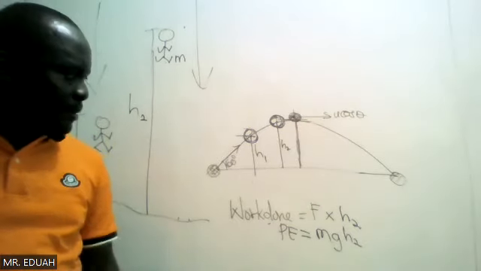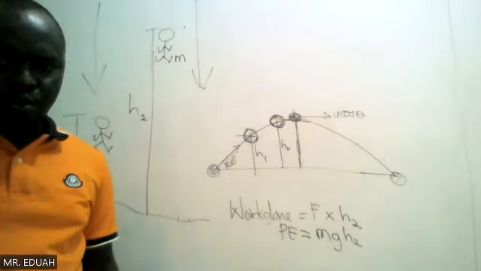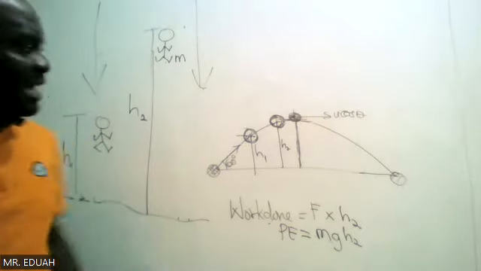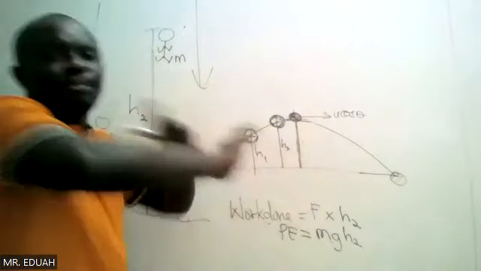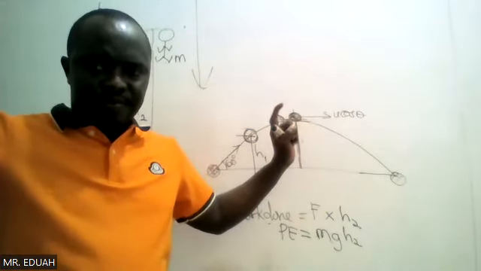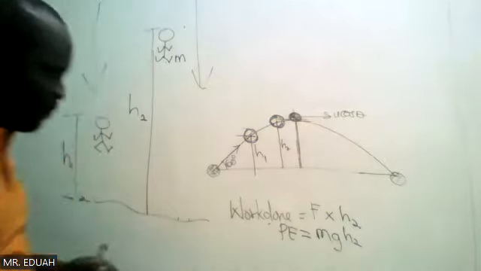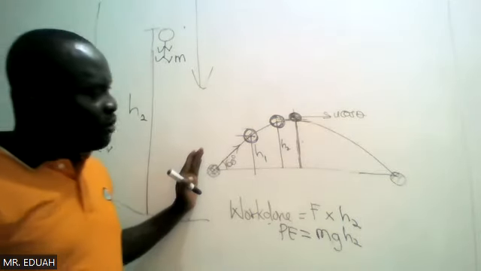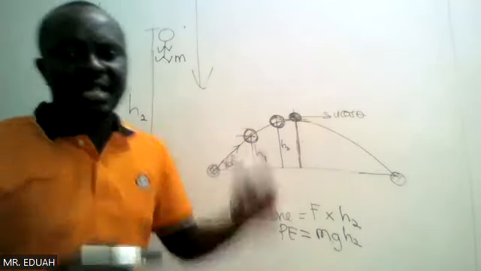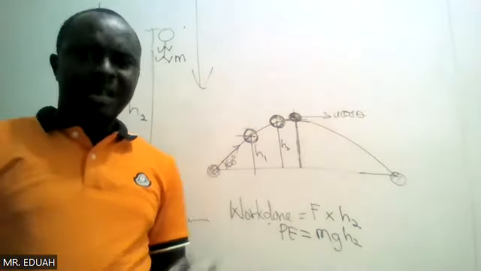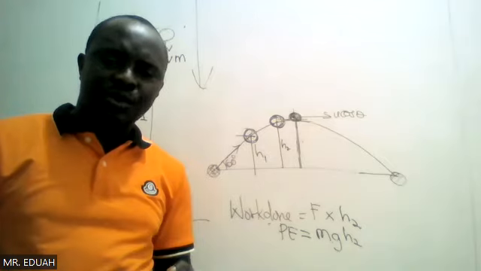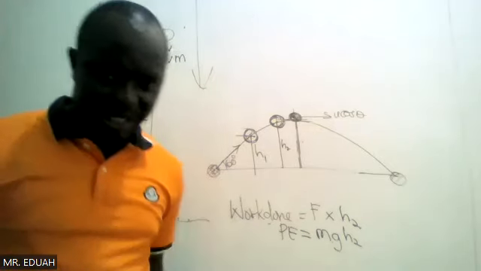Do you agree with me? Then when it gets to the maximum height, the potential energy is maximum. So as the body goes up, its kinetic energy will be decreasing, but its potential energy would also be what? Increasing.